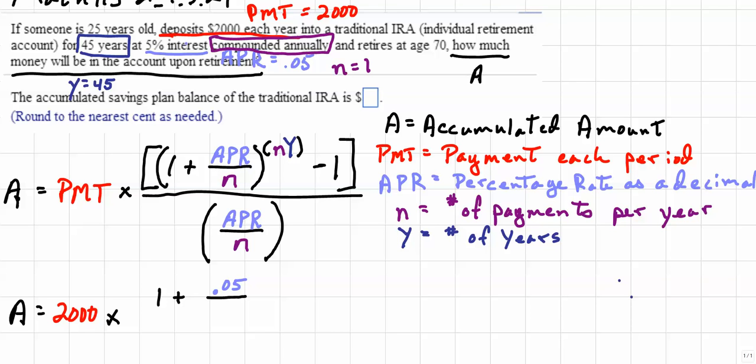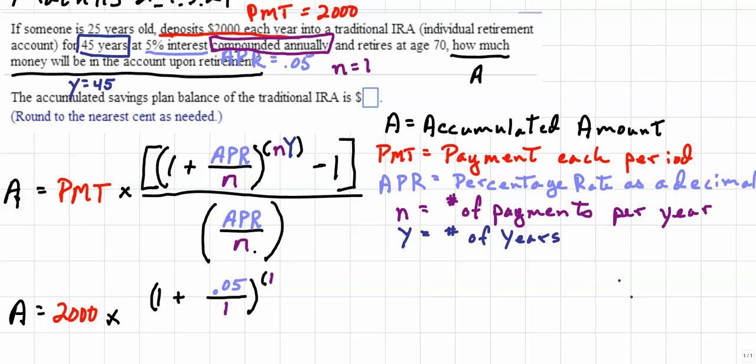And we're going to divide that by N, which is how often we compound it annually. I'm going to enclose that in parentheses, and then I'm going to raise that to the power of N times Y, remembering that N is 1.